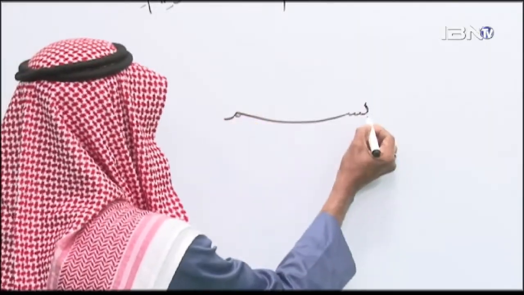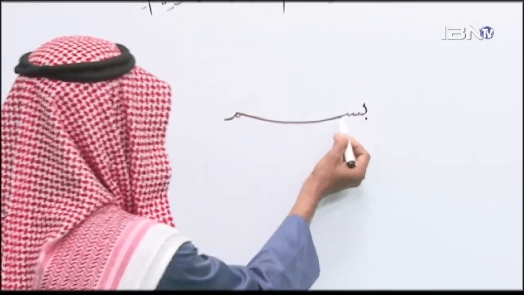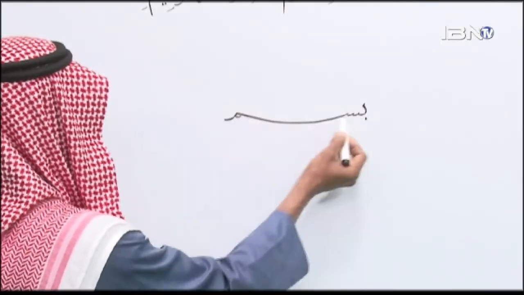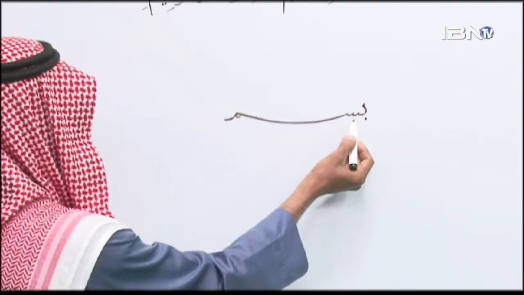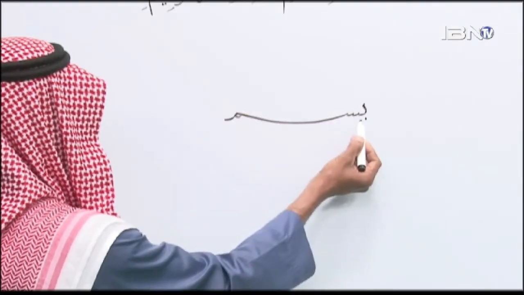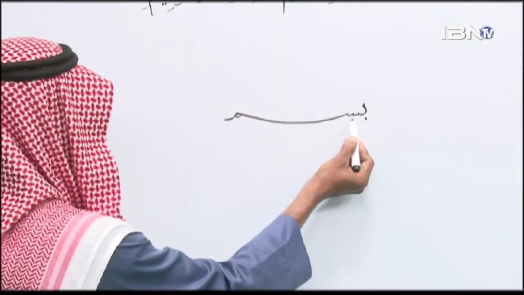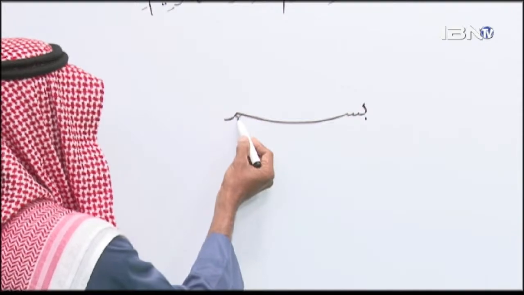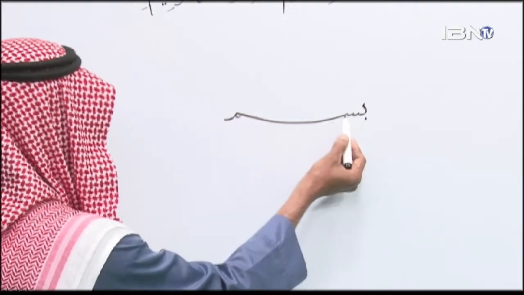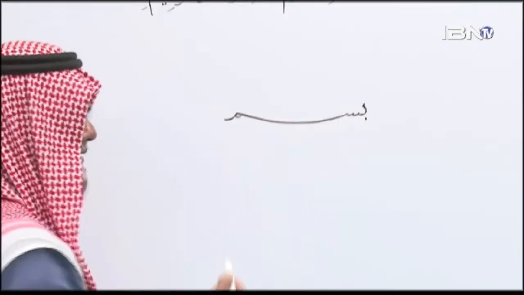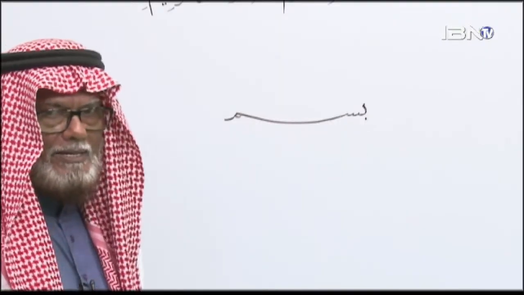So this here is the attachment line, or the connector line, connecting from one letter to the next. So we have the letter ba, then the letter sin, and then the letter mim. Between the mim and the sin, you have this long line. This is what is called the attachment line or the connection line.